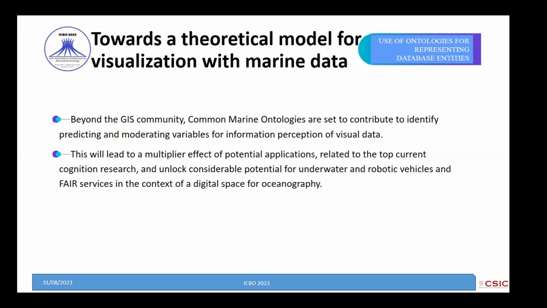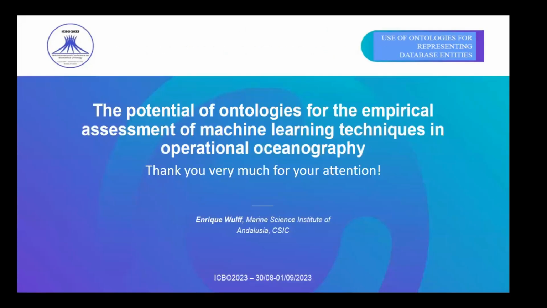The potential of ontologies to support the generation of model scenarios for image retrieval and annotation to aid the empirical assessment of machine learning techniques is to be encouraged. Marine model developers should improve their efforts to improve data discovery, sharing, and integration on the base of ontologies.